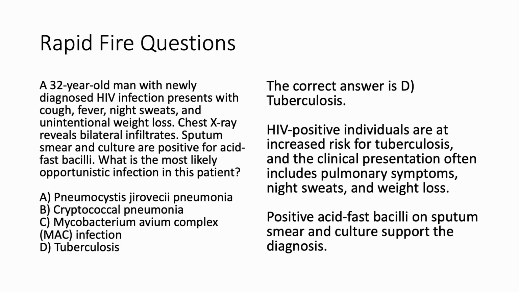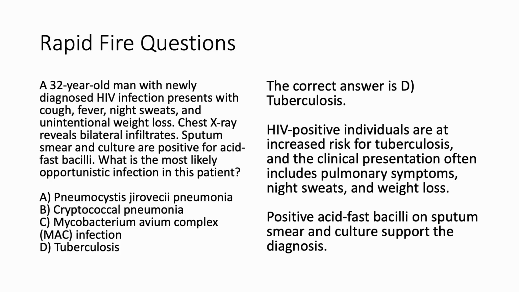A 32-year-old male patient with newly diagnosed HIV infection presents with cough, fever, night sweats, and unintentional weight loss. Chest X-ray reveals bilateral infiltrates. Sputum smear and culture are positive for acid-fast bacilli. What is the most likely opportunistic infection in this patient?